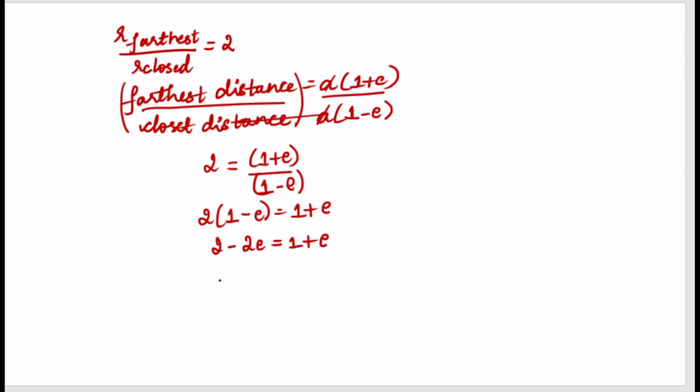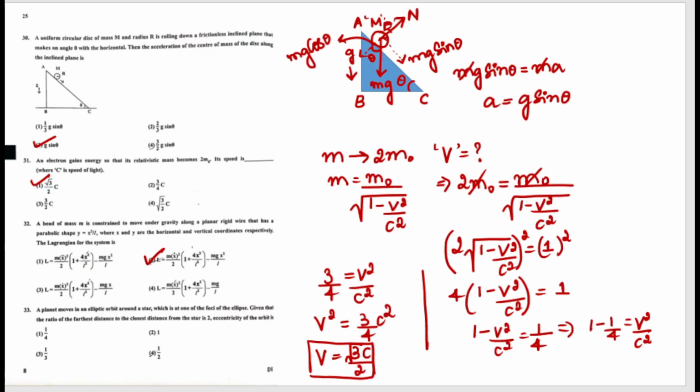On rearranging the terms, I'll get 2 minus 1 equals e plus 2e. On solving, I get 1 equals 3e, or e equals 1 divided by 3. So I got the eccentricity value to be 1 by 3.